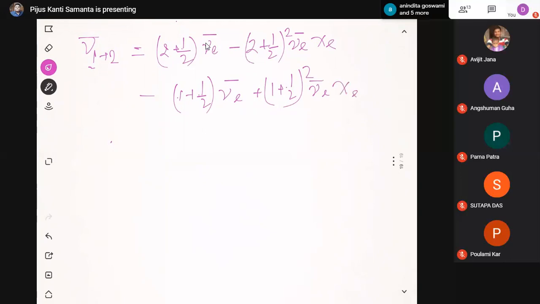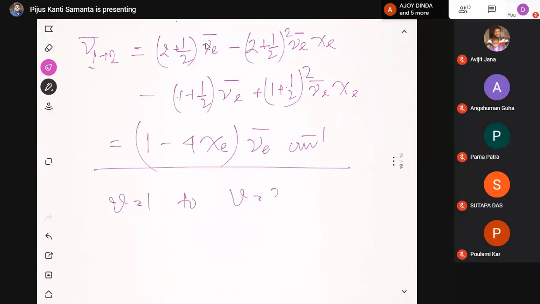So 5 by 2 minus 3 by 2, that is 1. 25 by 4 minus 9 by 4, that is 16 by 4, 4. So this will be 1 minus 4 chi e into nu bar centimeter inverse. So this was the case of transition from v equal to 1 to v equal to 2 state.